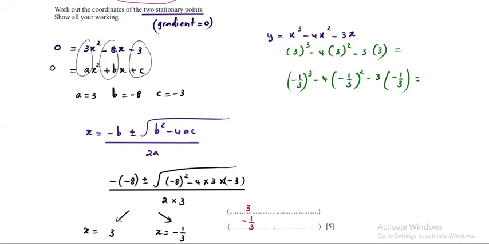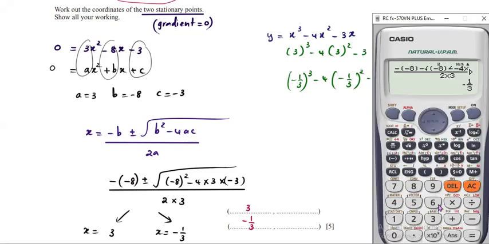Let's put this in the calculator and see what we get as the y values. We get 3 cubed minus 4 times 3 to the power 2 minus 3 times the value of x again, which is 3. And this gives us minus 18 as the y value.